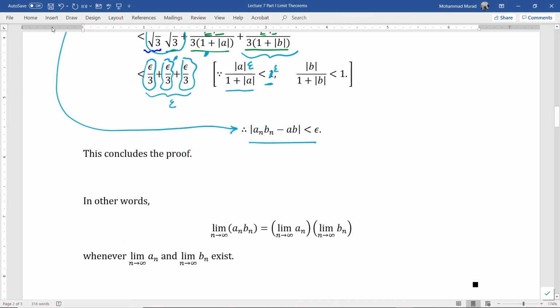In other words, the limit of the product a sub n b sub n as n approaches infinity equals the limit of a sub n times the limit of b sub n as n approaches infinity, whenever the limit of a sub n and the limit of b sub n exist. So we have proved the limit of the product of two sequences equals the product of their limits.